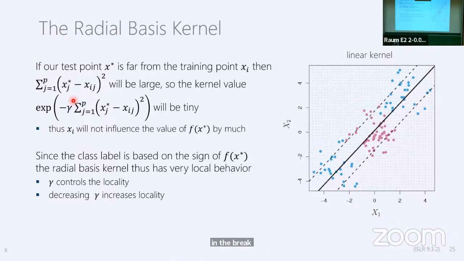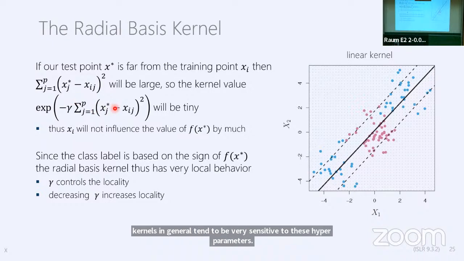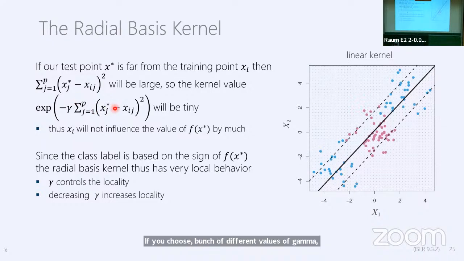SVMs with kernels, but also kernels in general, tend to be very sensitive to these hyperparameters. If you choose a bunch of different values of gamma, there are usually only a few values that give you a good test error. So you always need to do cross-validation, and in this case you need to cross-validate on this gamma parameter and on the C parameter, which is the budget of misclassification.